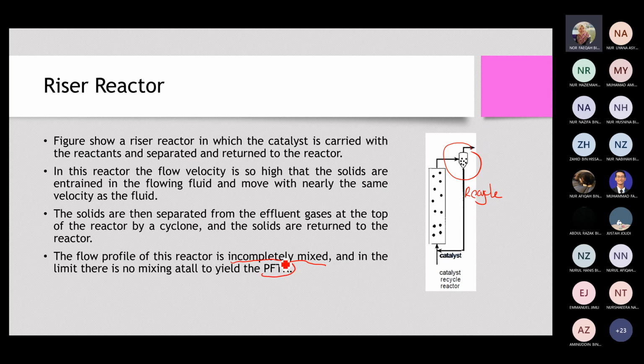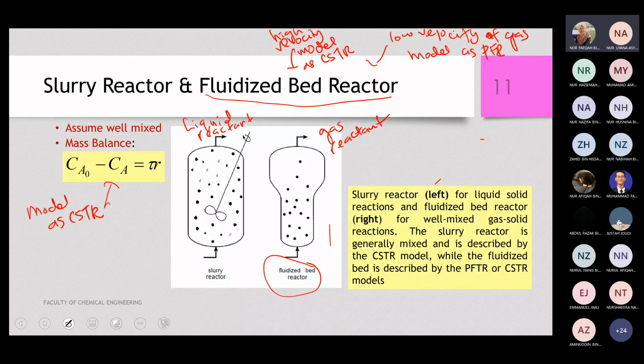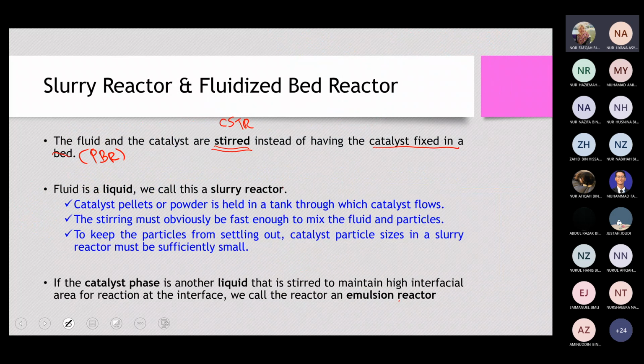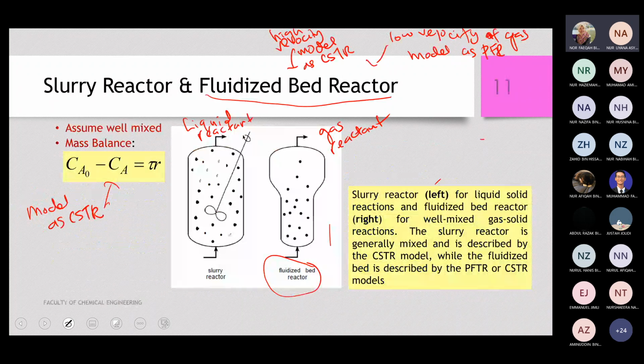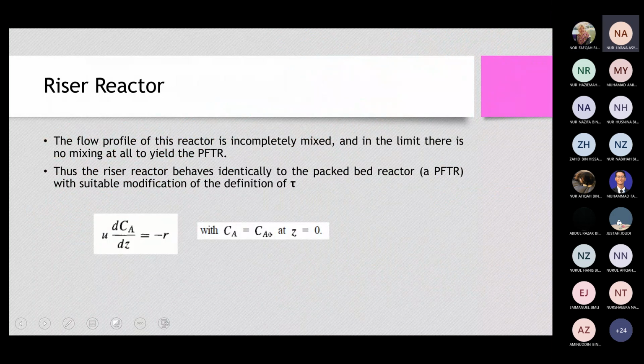PFTR is the same as PFR, plug flow tubular reactor, which is similar to the previous one, and similar to the packed bed reactor, because we model it as a PFR.